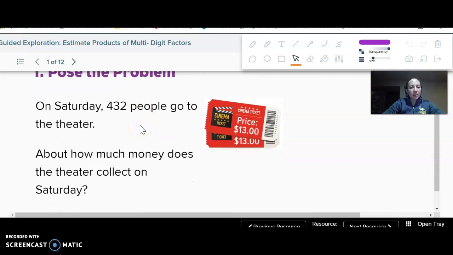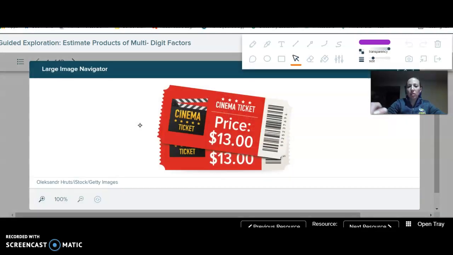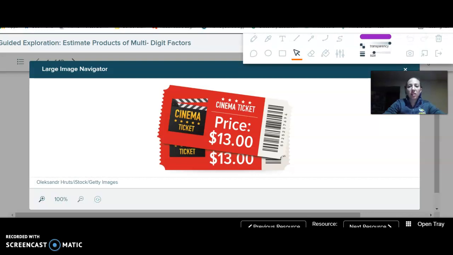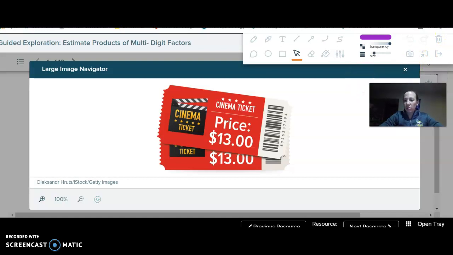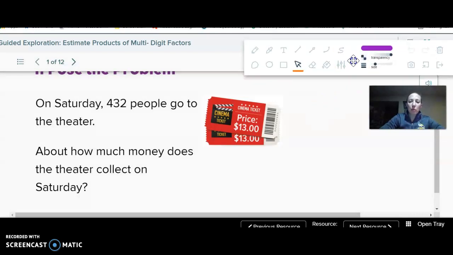So the problem: on Saturday, 432 people go to the theater. About how much money does the theater collect on Saturday? Well, if you notice, the price is $13 for each ticket. So if we know we have $13 a ticket and we have 432 tickets, how much money will that be?